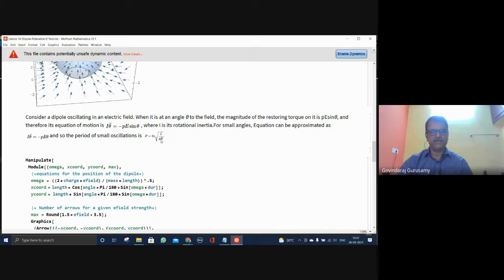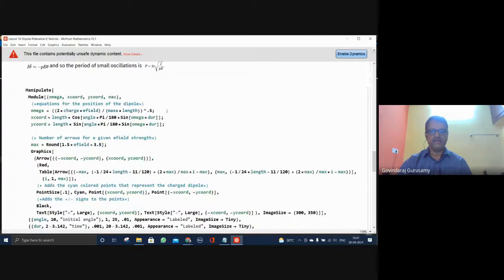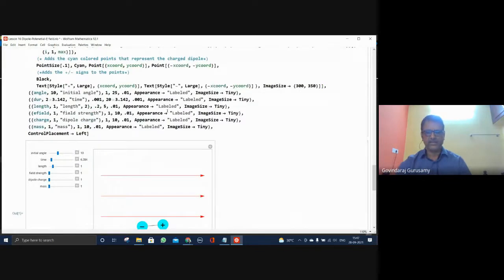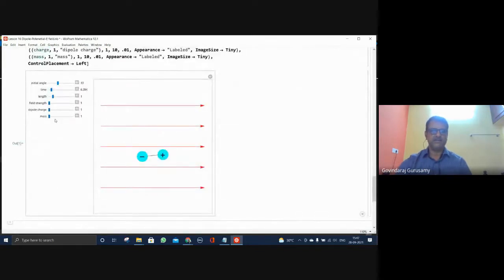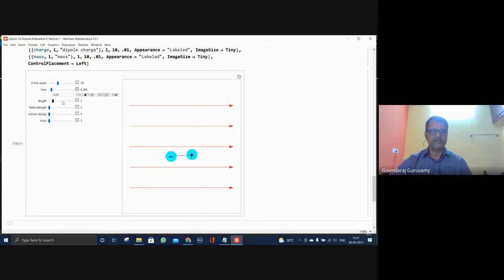This is a function of the dipole moment P, and the time period is inversely proportional to the square root of the dipole moment and electric field, and proportional to the square root of I, which is the moment of inertia of the dipole. One can clearly see that with respect to these variations, the dipole can execute simple harmonic motion. That's fine.